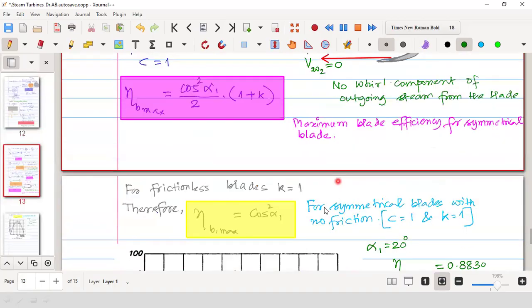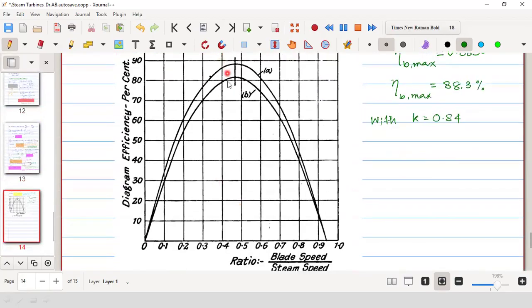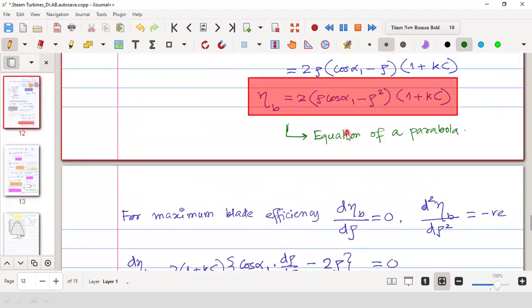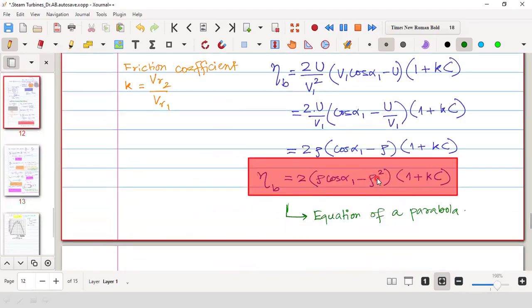During the initial phase, that means before the optimum value, rho cos alpha 1 is increasing. Okay, but now you see that this is a fraction, isn't it? Rho is a fraction.